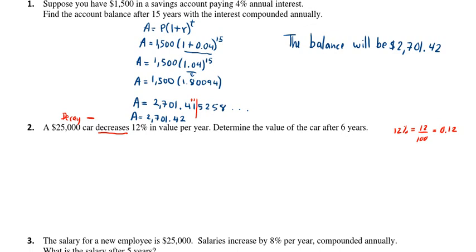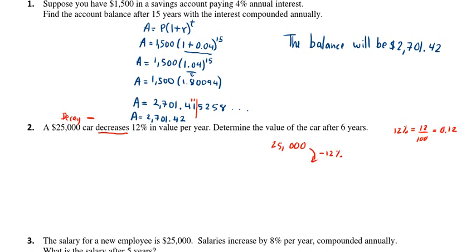And this is going to be also compounded annually. Instead of growing, it's just decreasing. For example, if the original value of the car is $25,000, and then it decreases 12%.